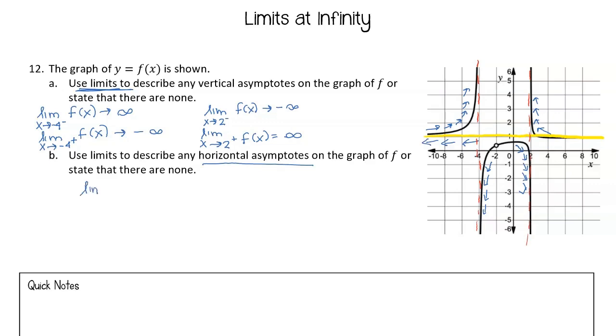So the limit as x approaches negative infinity is going to equal 1. Let's look at the other side. As x approaches infinity, we're going to keep at that value of 1. So the limit as x approaches infinity, that's going to equal 1.